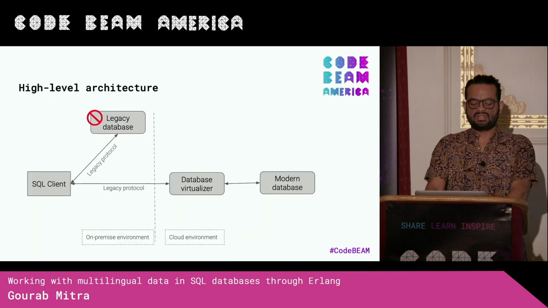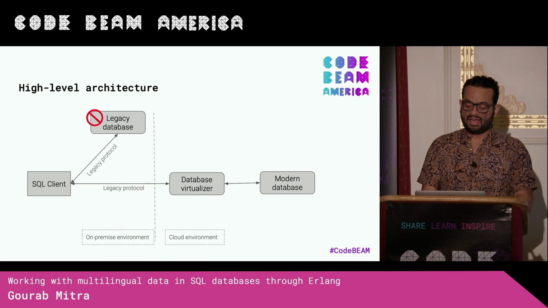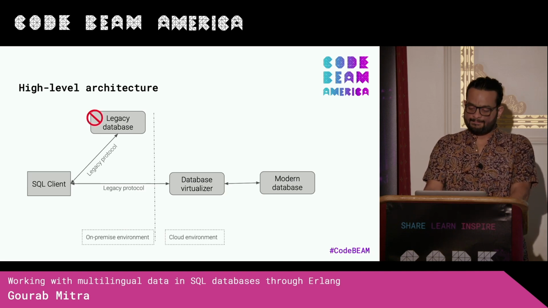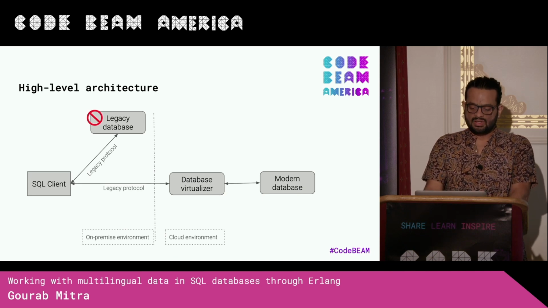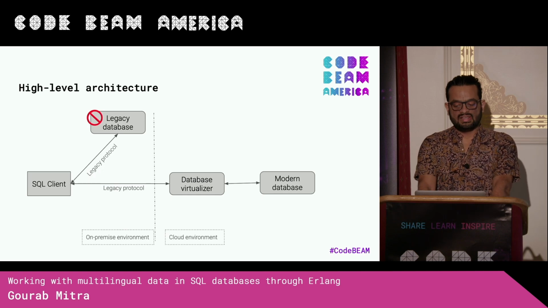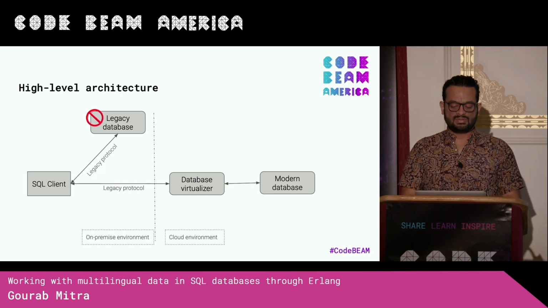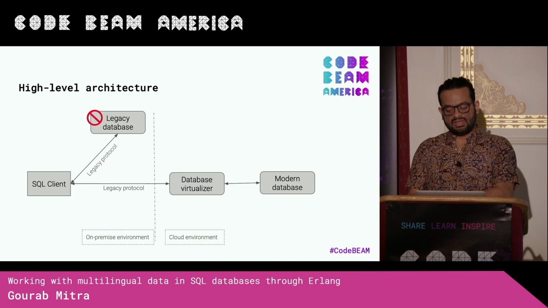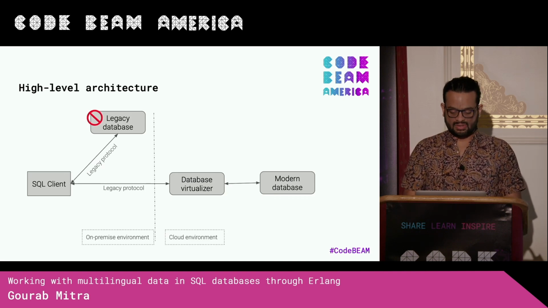So let's see what the system looks like. Our customers have a SQL client which talks to the legacy database. This is what we are trying to take out here. The value proposition of the product is that you can reuse the same SQL client speaking the same protocol. Instead of connecting to the legacy database, the SQL client would now connect to the database virtualizer.